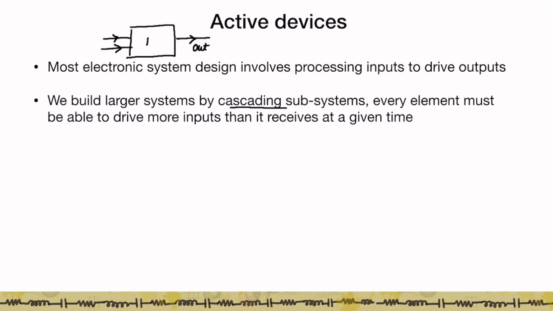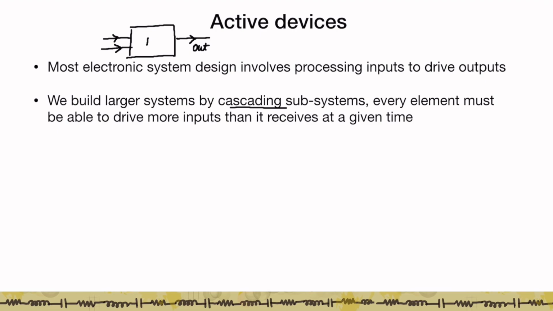When you're doing this process of cascading systems one after the other, typically what happens is you want to design a system that is able to drive more inputs than it receives, right? Especially as you start thinking of bigger and bigger systems, you want a certain output at one of your subsystems to drive decisions at multiple other outputs.